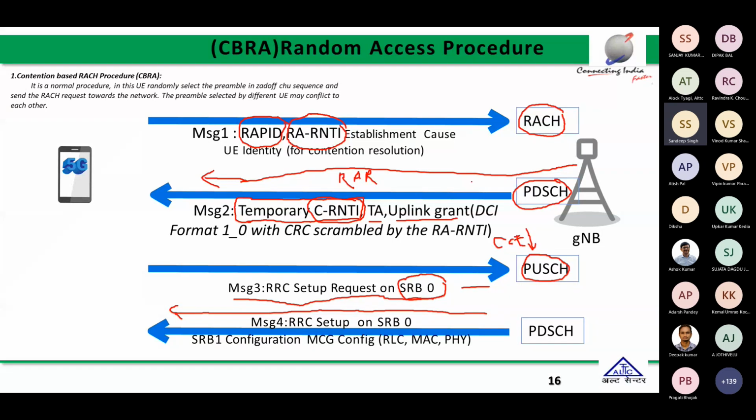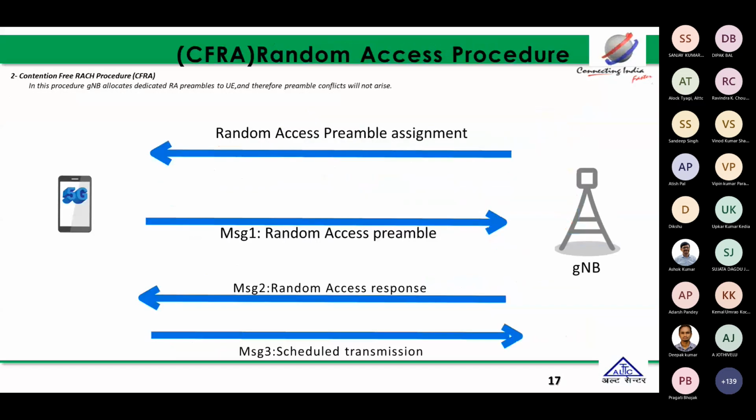SRB0 means the resources allocated by the gNodeB, the control channel element message. So this 4-step procedure is the random access procedure used for uplink synchronization by the UE with the gNodeB. The second one is the contention free RACH procedure, where in this procedure the gNodeB actually allocates the random access preamble.